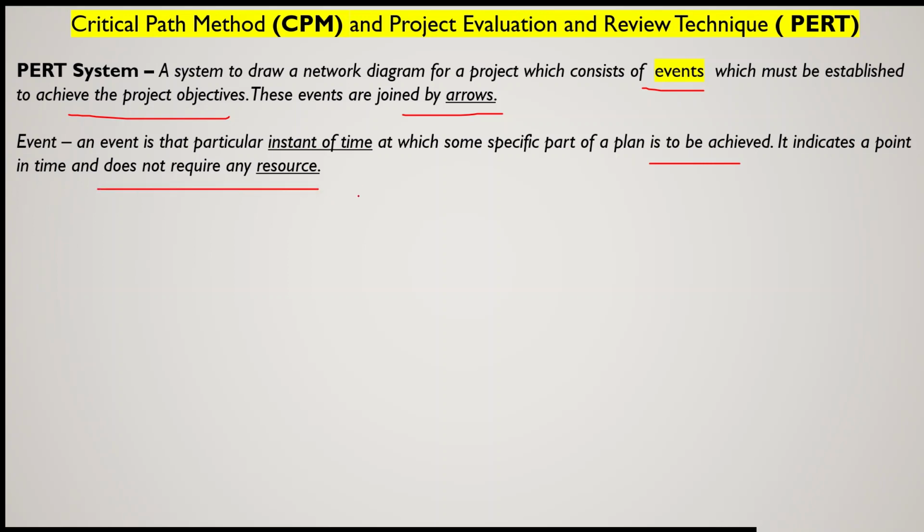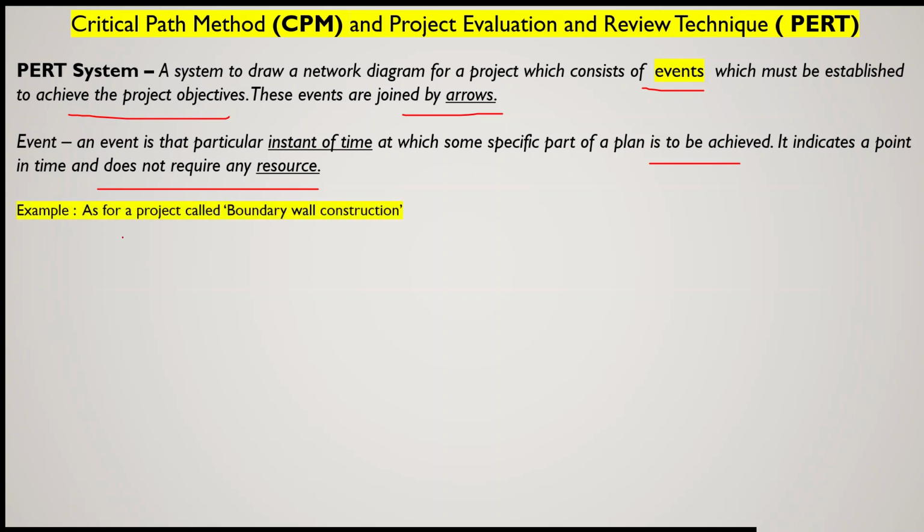So that means an event is basically an instant of time. Later on you will be able to understand. That means we can say the start of a project. Now the start of a project is an instant of time. Completion of the project, start of an activity, completion of an activity, so these are instants of time and they are termed as events.